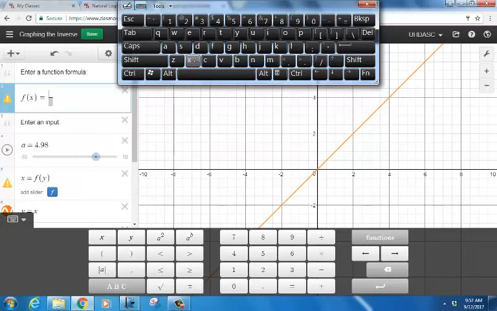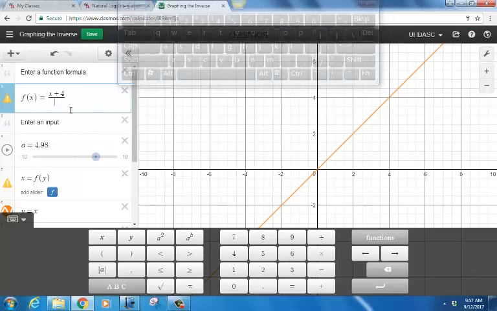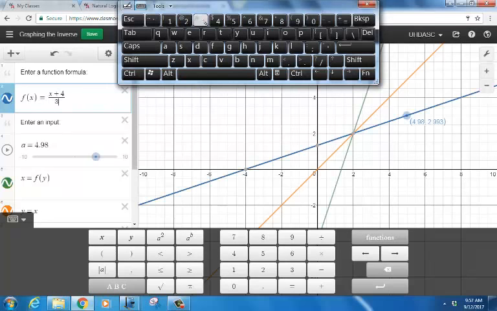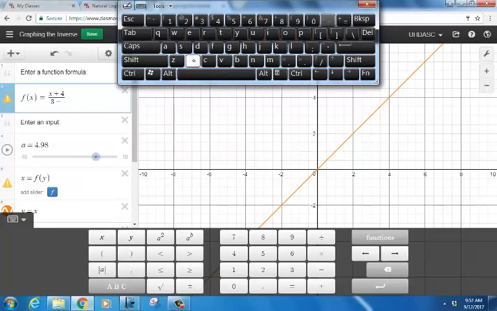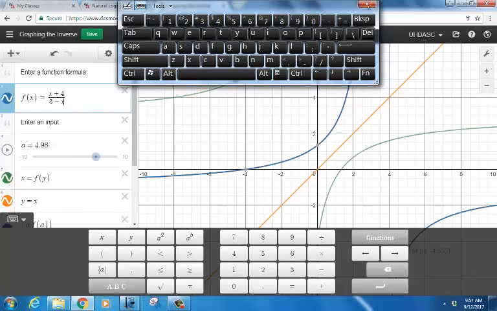Okay, let's try it again. X plus 4 over 3 minus x.